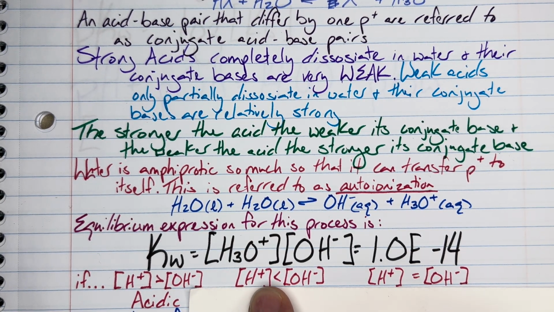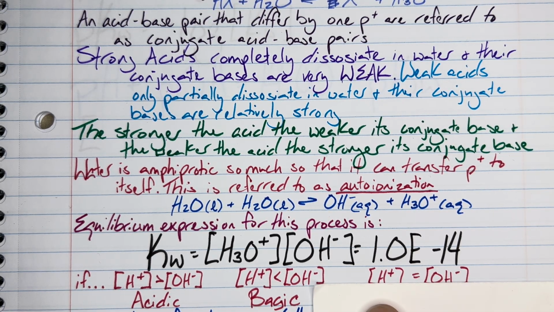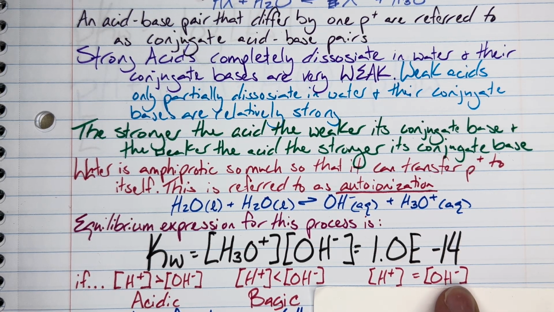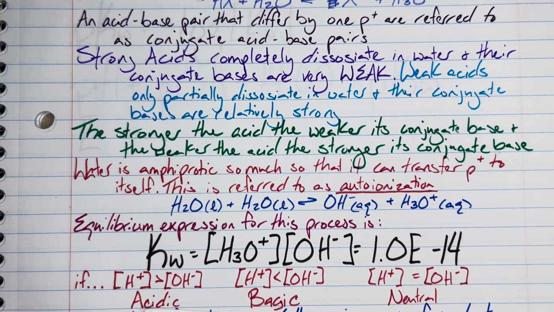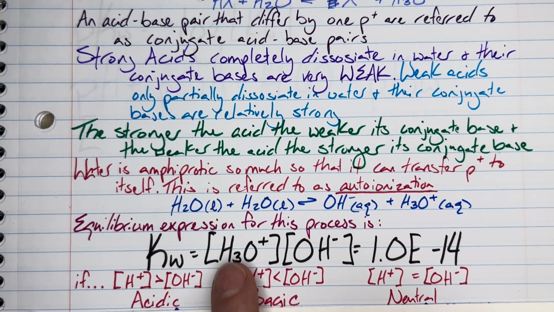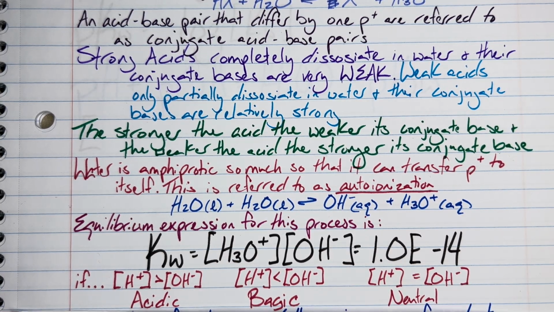If we have a concentration of hydrogen that's less than our concentration of hydroxide, then we will be basic. And if we have a concentration of hydrogen that is equal to the concentration of our hydroxide, then we are neutral. Remember again that the H plus, the hydrogen ion, and this hydronium are kind of interchangeable.